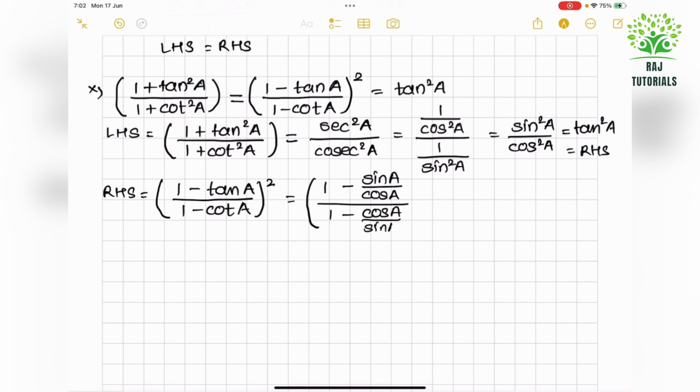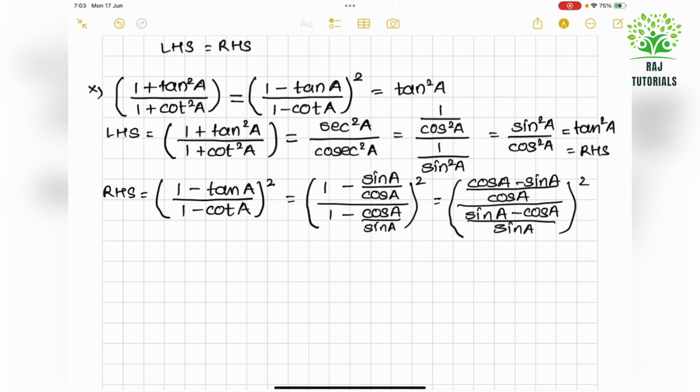So 1 minus sine A upon cos A, whole upon 1 minus cos A upon sine A, and whole square. So now doing the LCM, I will get (cos A minus sine A) upon cos A, whole upon (sine A minus cos A) upon sine A, whole square.